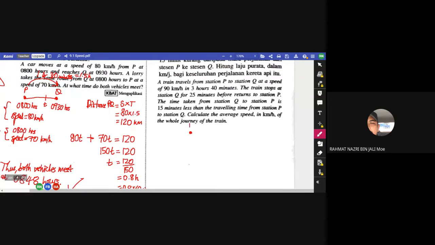The first station is P, and the second station is Q. It travels from P to Q with speed equal to 90, and the time is equal to 3 hours and 40 minutes.